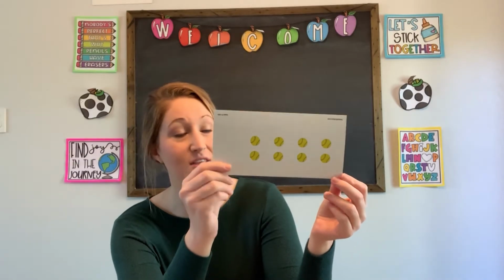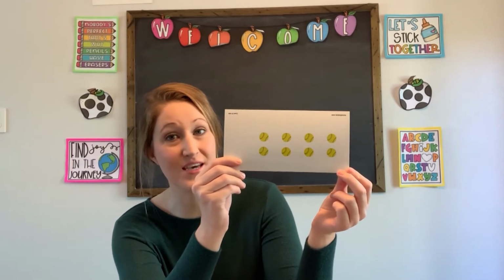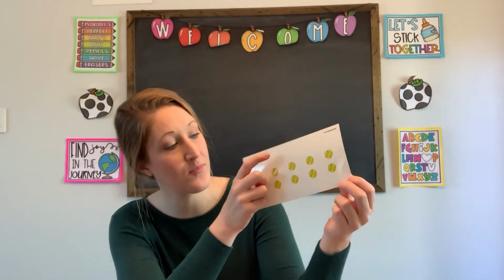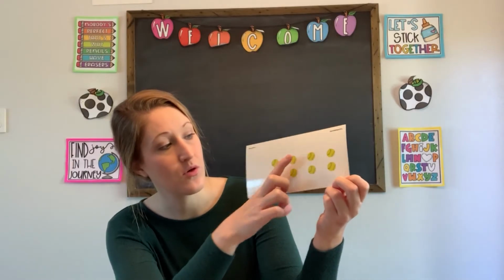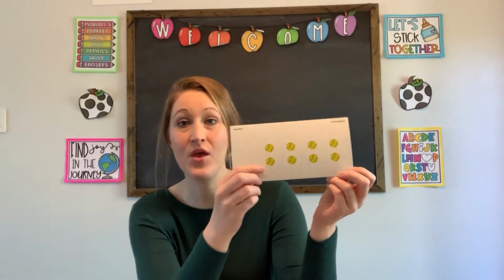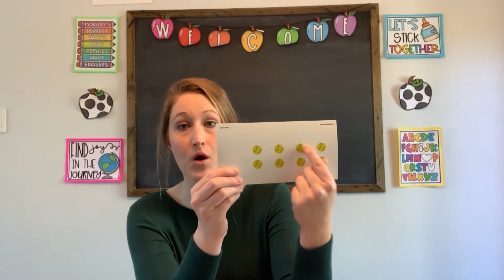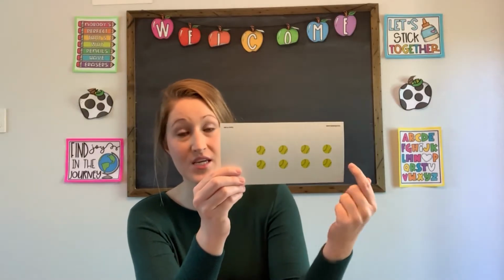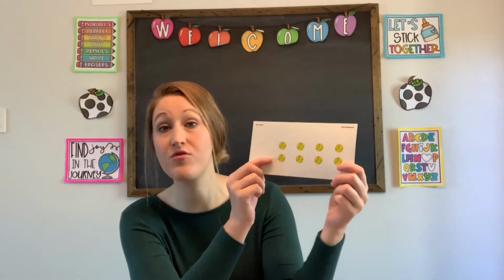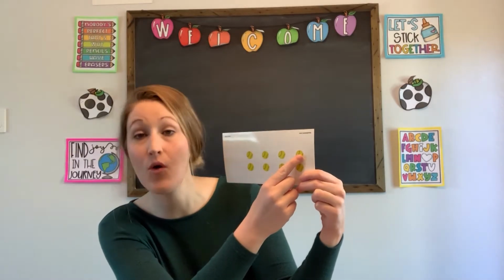Very good. Now this card's a little bit tricky, but there are a few different ways you can see it. You can count each one. 1, 2, 3, 4, 5, 6, 7, 8. You could have also seen that there are 2 rows, a row up here and a row down here. And in each row, there are 4 softballs. 1, 2, 3, 4.